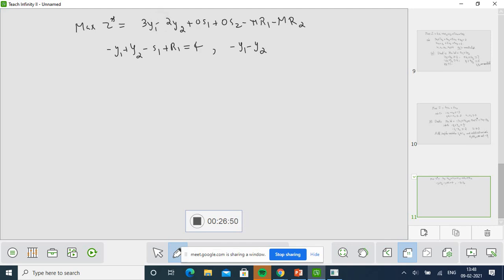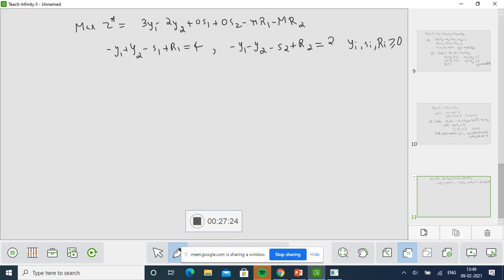Now it is alright. So maximize z star equal to 3y1 minus 2y2 plus 0s1 plus 0s2 minus M r1 minus M r2, subject to our constraints, minus y1 minus y2 minus s2 plus r2 equal to 2, for all yi, si, ri greater than or equal to 0.